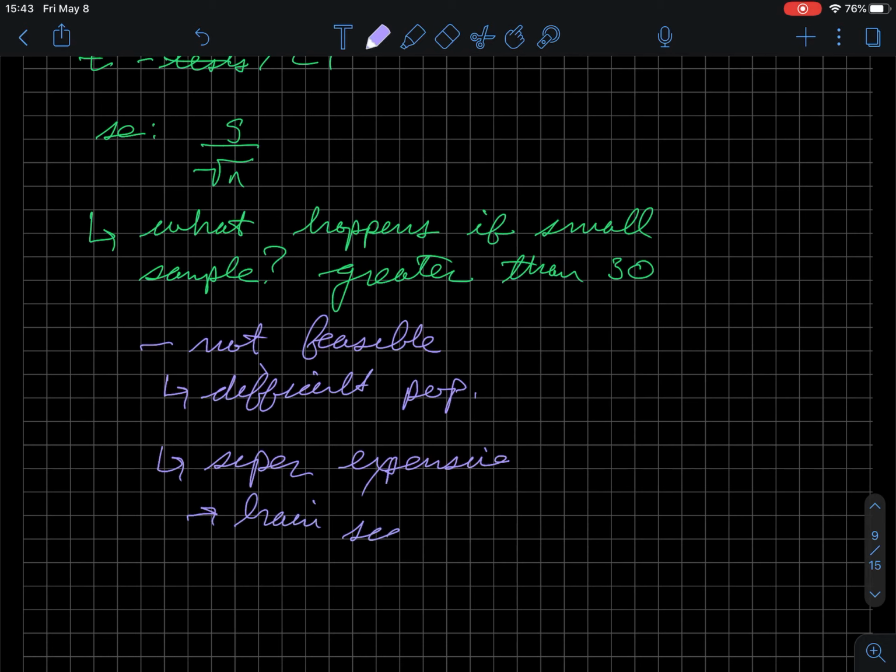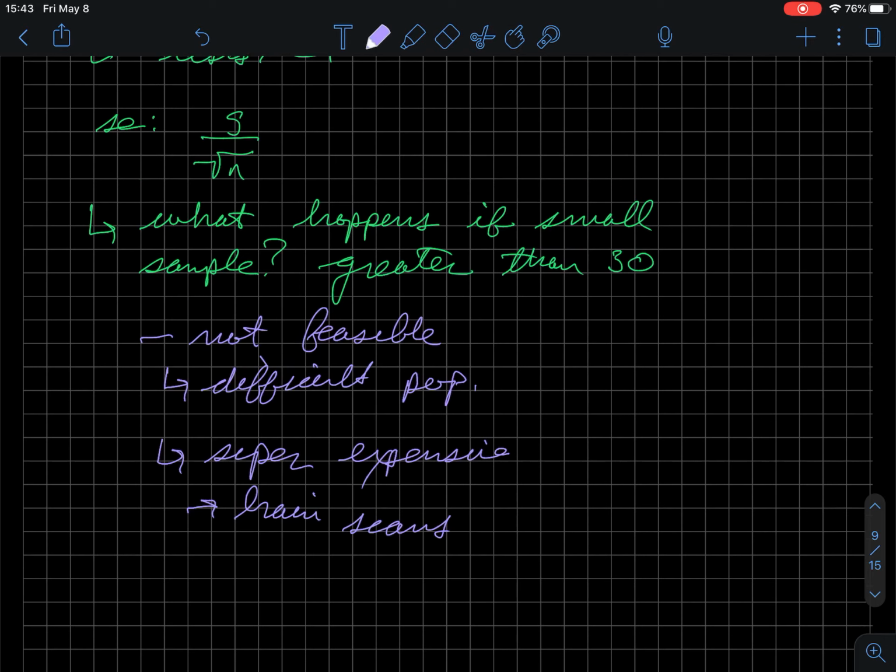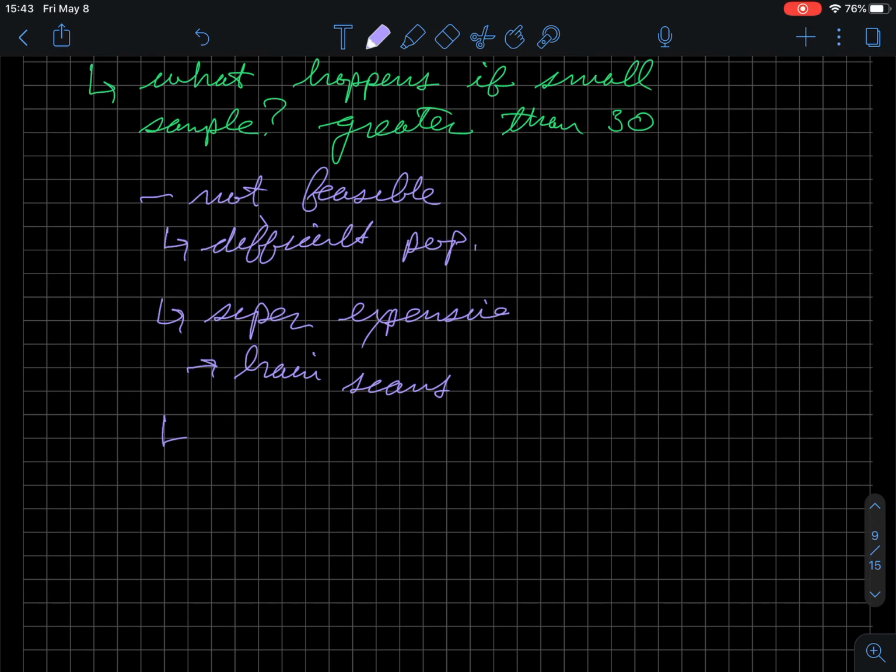They cost a lot of time, interpretation, analysis, a lot of health risk associated with that. So we can't just do that, right? And it could also be that we have poor sampling, like we just can't get a lot of them, or there's a cost issue.